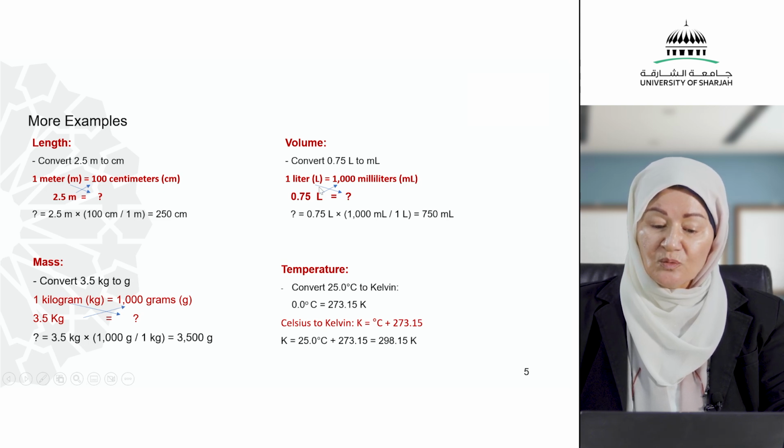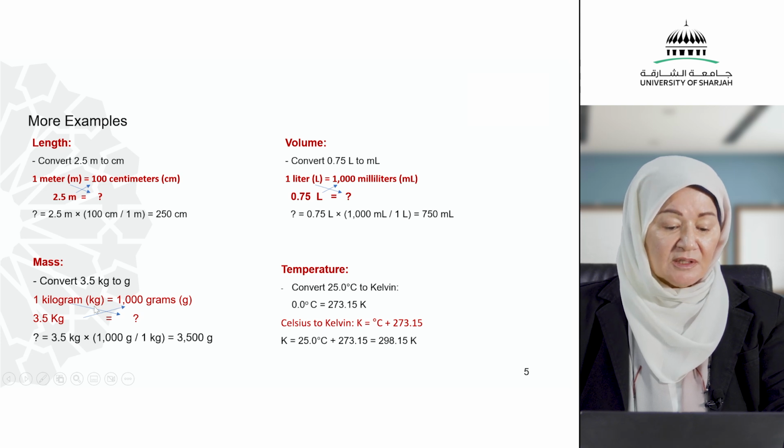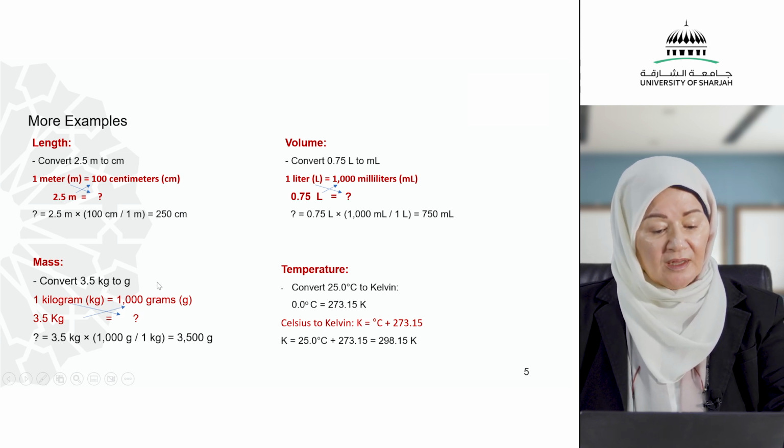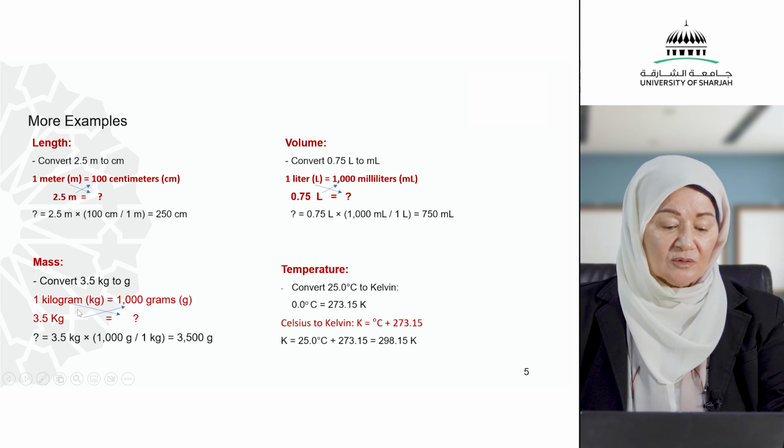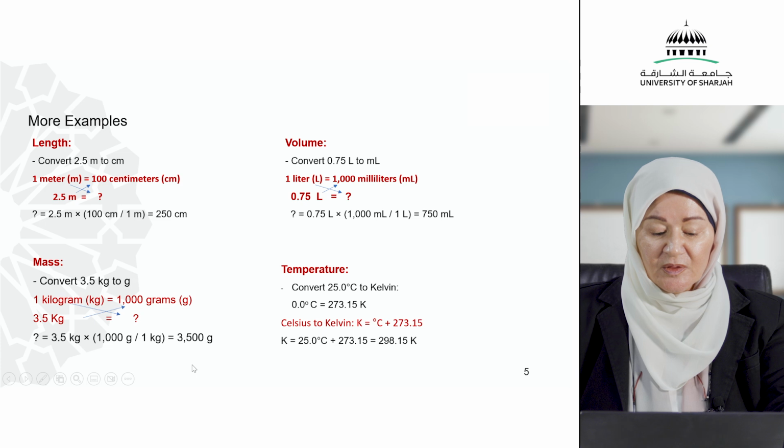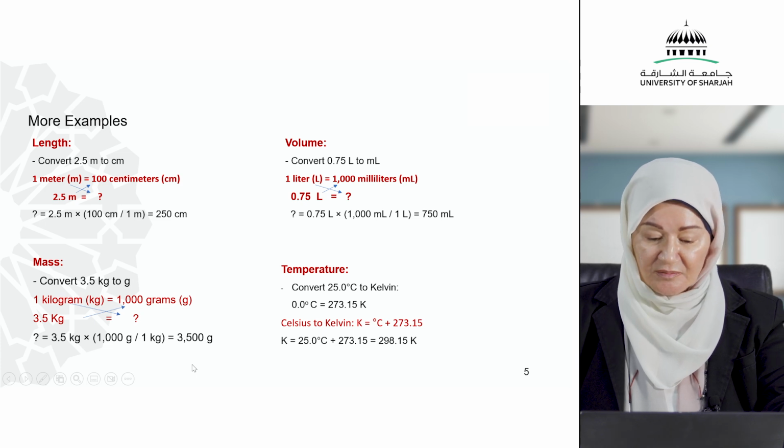I know that 1 liter is equal to 1000 milliliters. 0.75 times 1000 over 1. Mass: 3.5 kilograms to grams. I know that 1 kilogram is equal to 1000 grams. 3.5 times 1000 over 1 gives me 3500 grams.